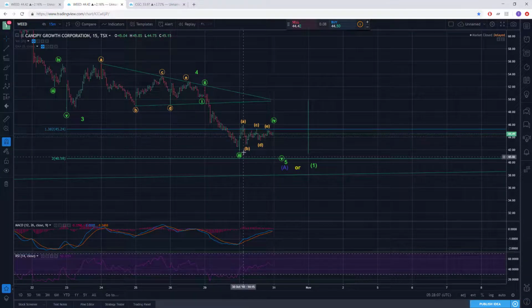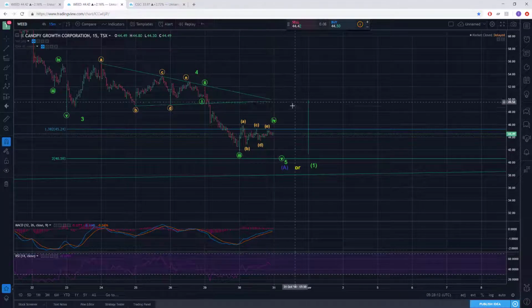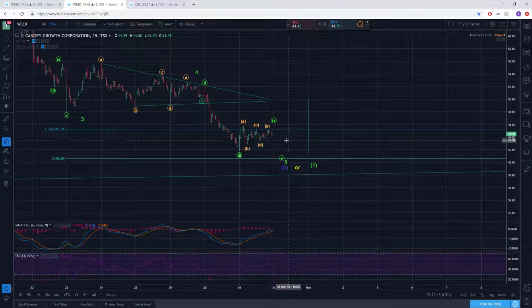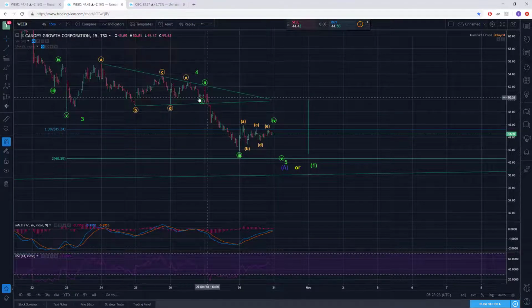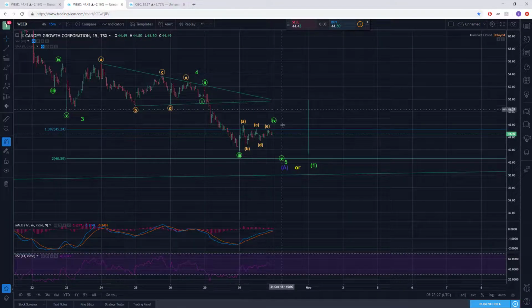Now it's also still possible that we just have an initial A wave up, and then we have A, B, C, D, E, and then we'll go up in C, and then come down. So again, triangles can be tricky if you try to pick which way they're going to break out. Again, this overall trend favors us breaking down again, just like it did here, and we got that and traded it nicely.